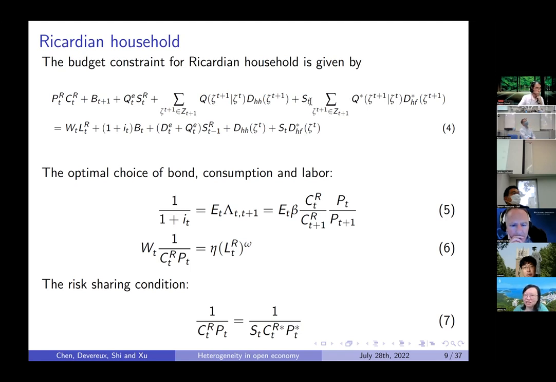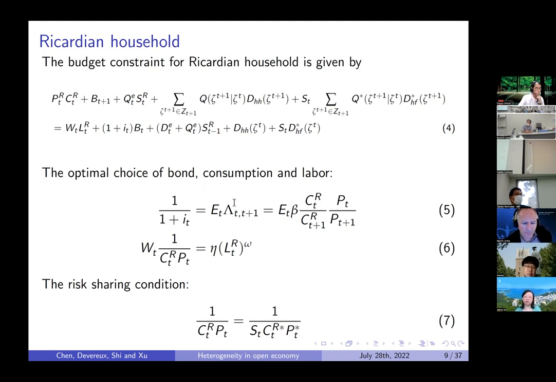And this ST is the exchange rate, which is defined as the price of foreign currency in terms of domestic currency. And they're also going to get the share of the equity from the domestic market. And then their labor income, this is their return from holding of domestic bond, the return from holding in the state contingent bond market. And then this is the dividend, and then the price of the equity holding. So all this is very standard.